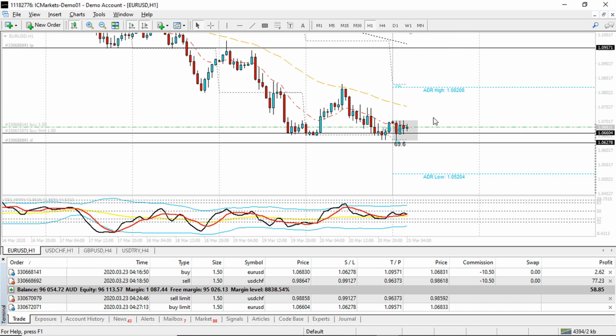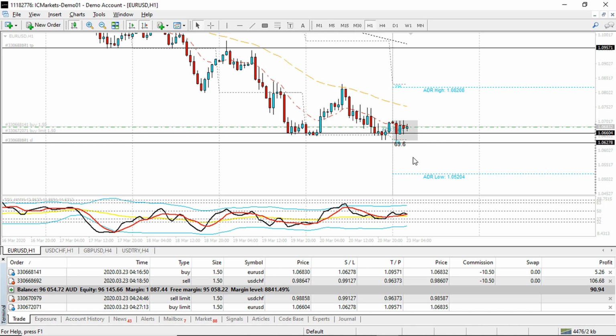However, for the pending order, that's the buy limit order, our stop loss is about 34 pips, increasing our take profit to about 294 pips. So that's the major difference using a limit order over using a stop order or an instant execution order. Most of the time it helps us to get a lesser stop loss and a higher take profit.